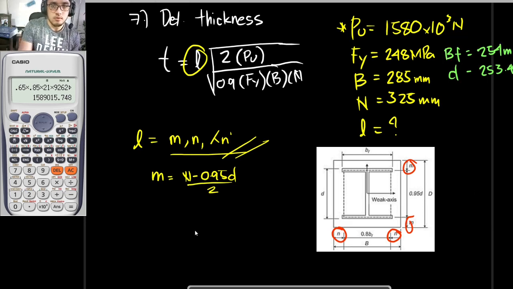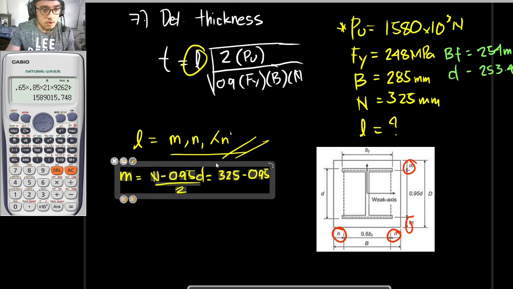Substituting known values, ano yung value natin ng N, 325 minus 0.95 times D, and our D would be 253.49. Ang pangit naman ang spacing ko. Okay, iurong ko lang sandali.